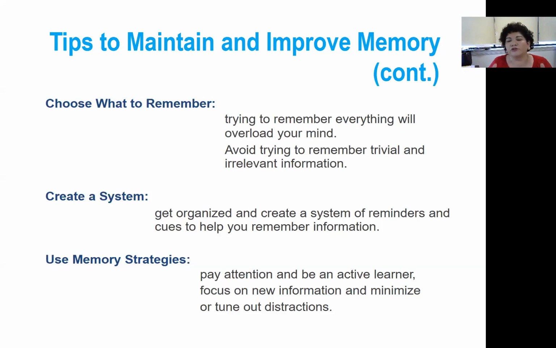So again, we want to be able to choose only the specific details that we want to remember. And you'll be surprised how our brain fills in those other gaps, okay? And let me tell you what I'm talking about, okay? So trying to remember everything will overload your brain. Basically, just like your computer. When you add so many files, there comes a point when it reaches its max and it won't take any more. So that's what we talk about there.